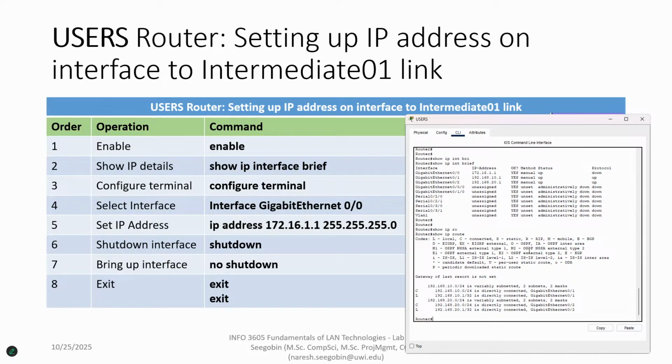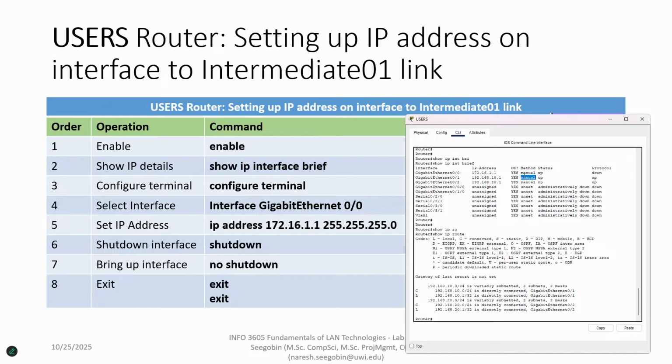When I did the show IP route, I'm seeing only 2 connected. One here, the 10 and the 20. So the question is, why am I not seeing the 172? Even though the status is up, look what's happening here. My protocol is down.